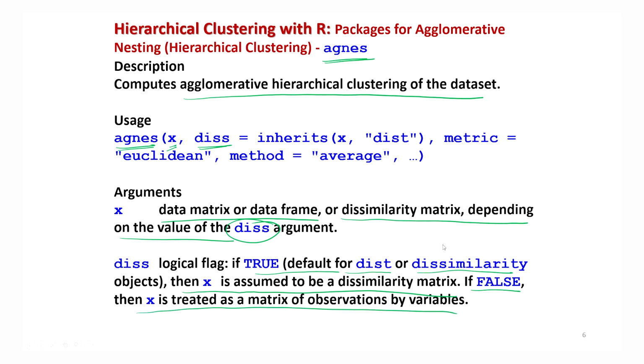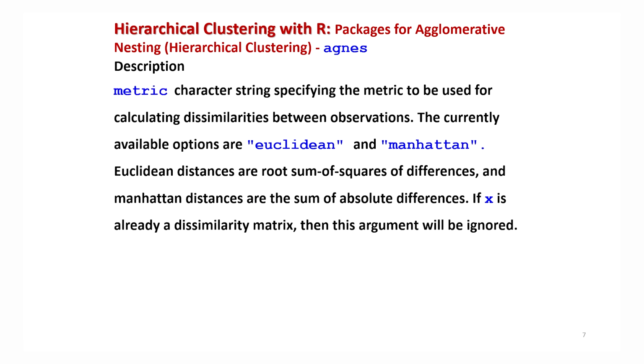Then after that you have to define the metric, which is Euclidean, and then the method, which is average, and so on. Besides these things there are many more options, but I would strongly recommend that you look into the help menu. This metric is a character string specifying the metric to be used for calculating the dissimilarities between observations.